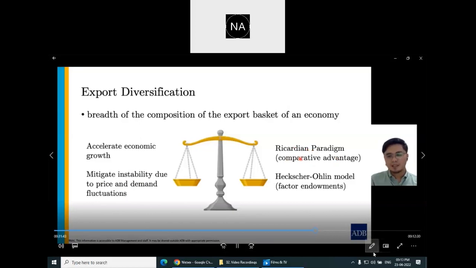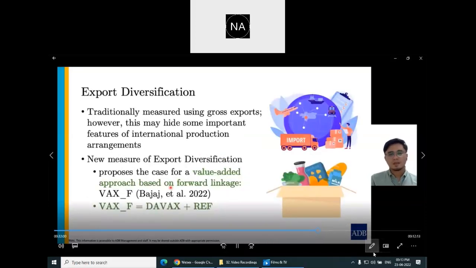In contrast, export concentration finds its basis from David Ricardo's comparative advantage and factor endowment following the Heckscher-Ohlin model. To this end, policymakers need to do some balancing act to support their economic development agenda or objective.